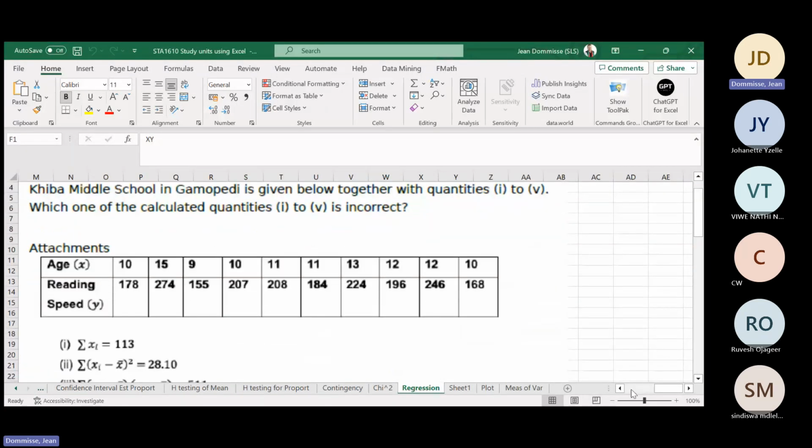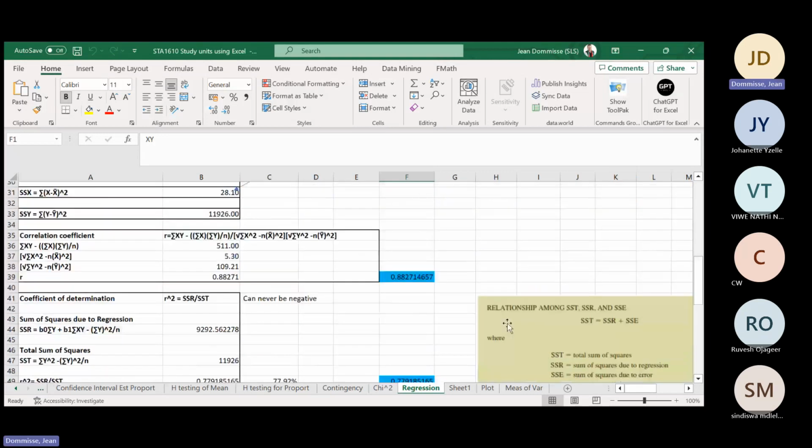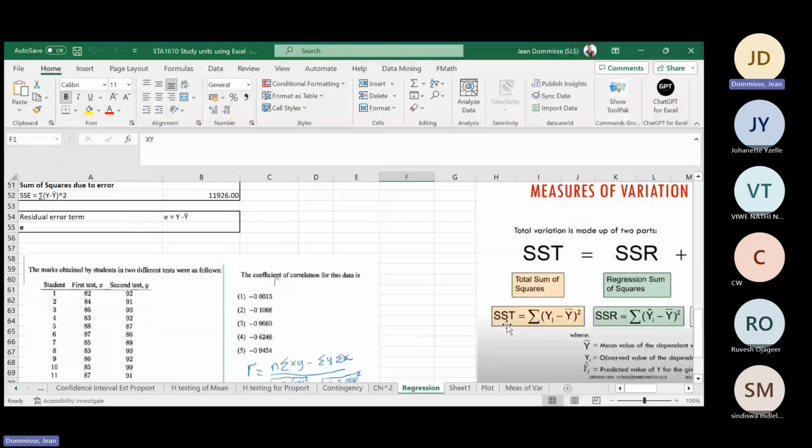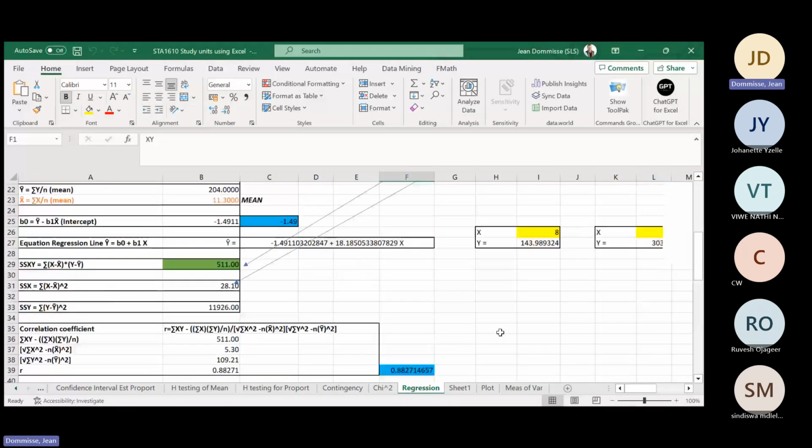All of those summations you can see here. But we used the correlation coefficient and all those formulas.